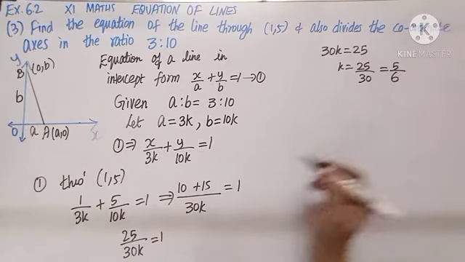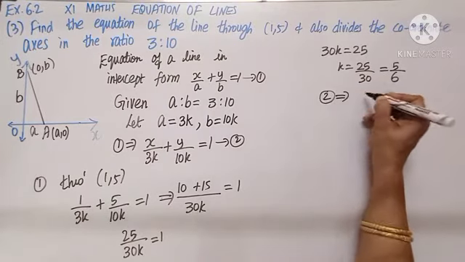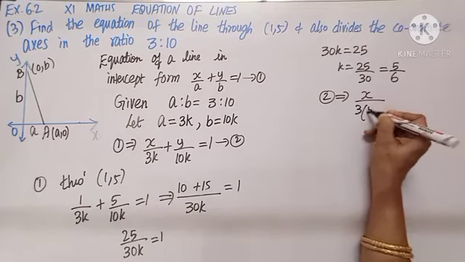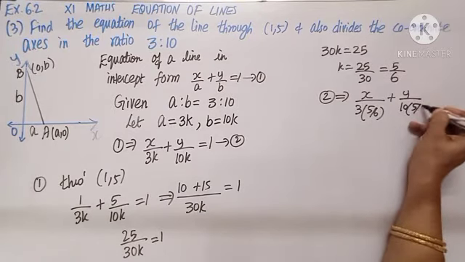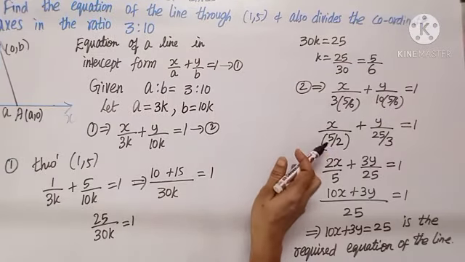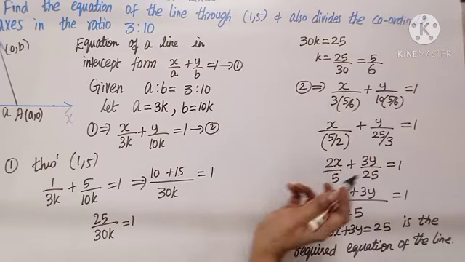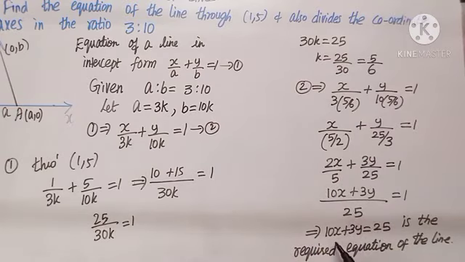Putting the k value back in the second equation, x by 3 into 5 by 6 plus y by 10 into 5 by 6 equals 1. As we simplify, we get 5 by 2, 25 by 3, reciprocating. Taking the LCM, we arrive at the equation 10x plus 3y equals 25.